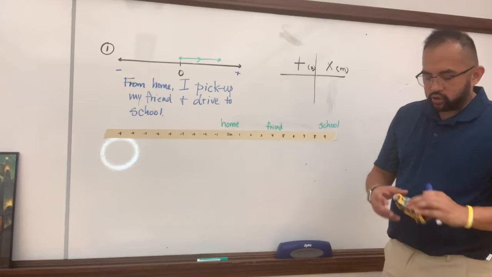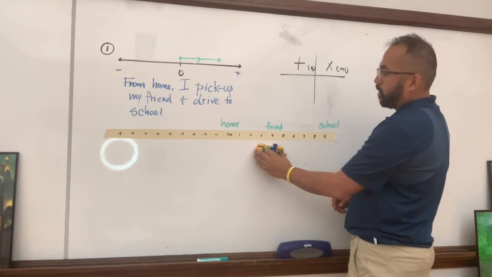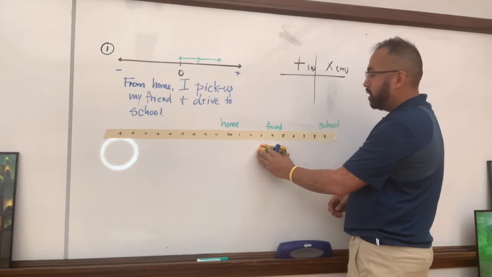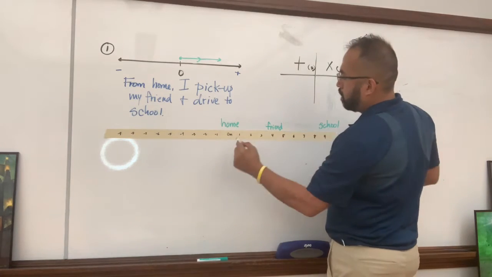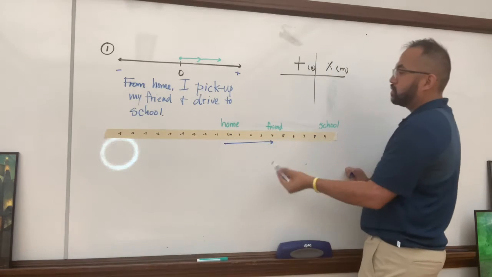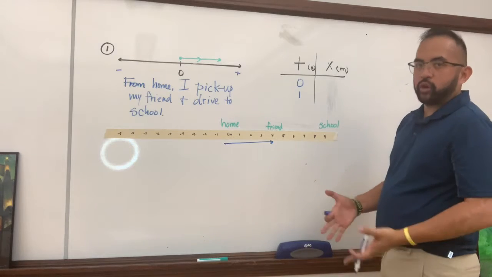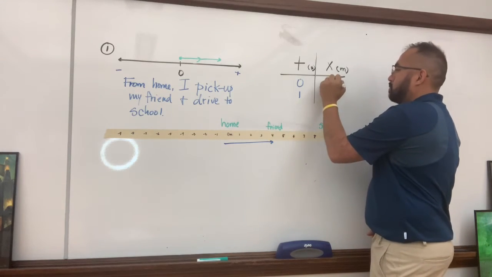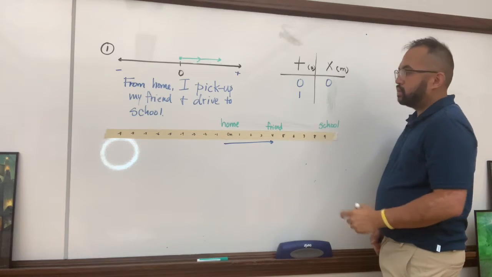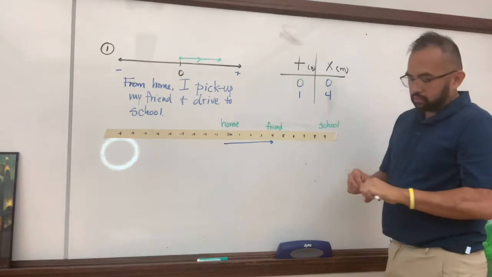So let's say that you're driving Bumblebee from home and you're going to pick up your friend from his place to take you to school eventually. So from home to your friend's house, your time was 0 to 1 second. For example, your position at 0 was 0 meters. Your position at 1 second was 4 meters.